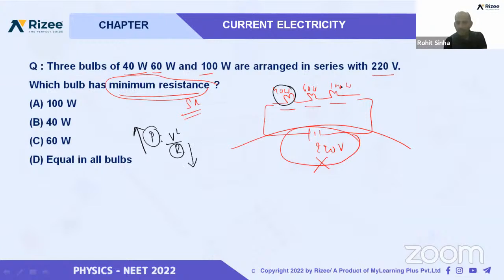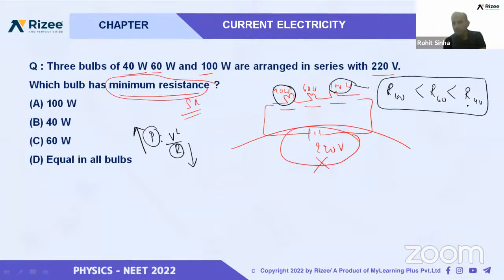So the resistance of the 40 watt bulb will be more than the 60 watt bulb, which is more than the 100 watt bulb. So the minimum resistance will be of the 100 watt bulb.